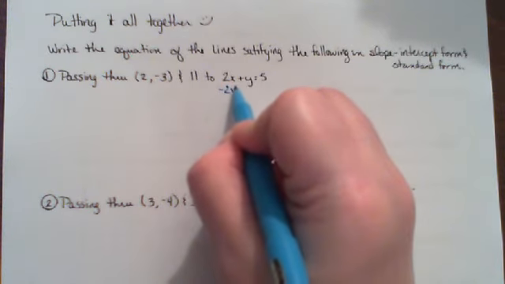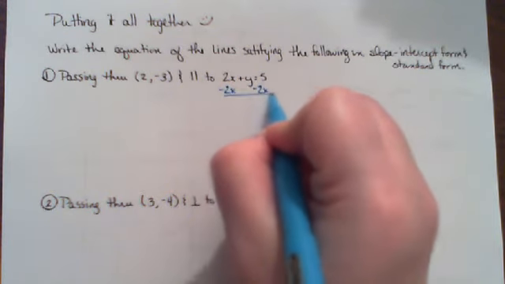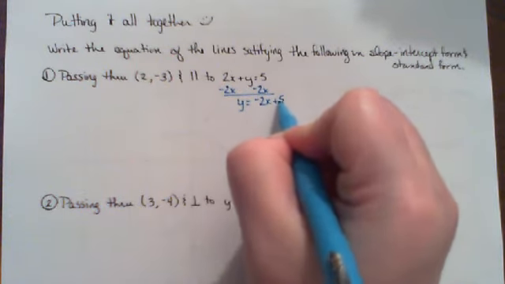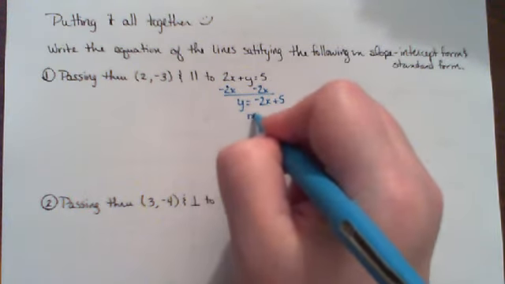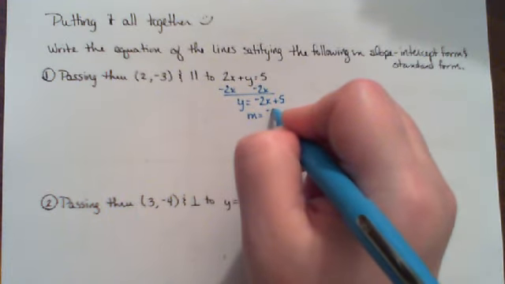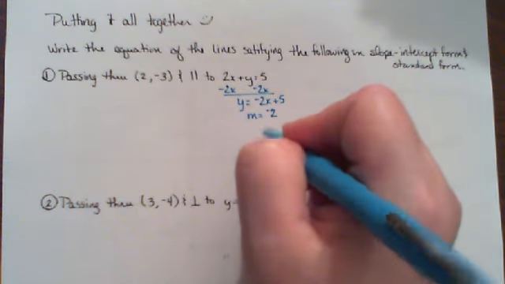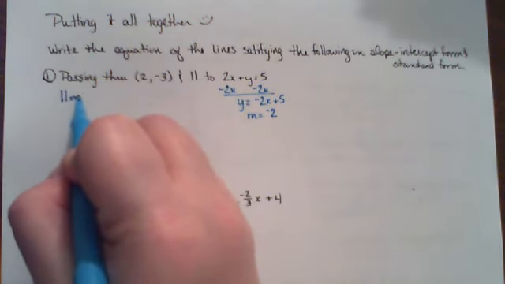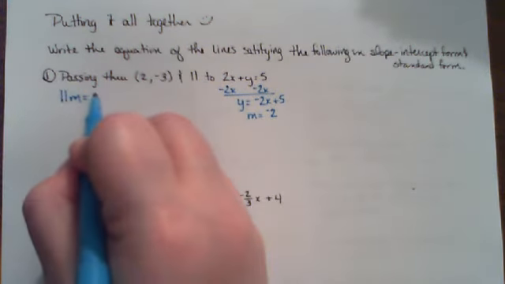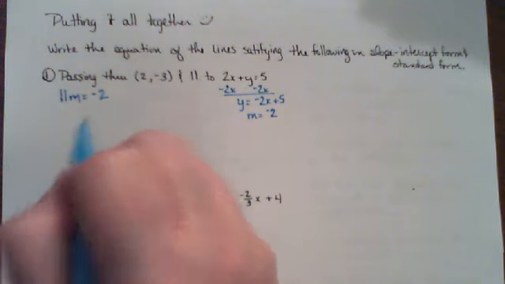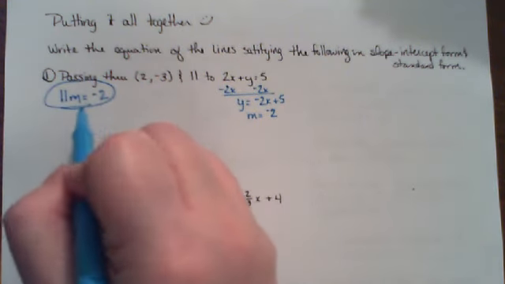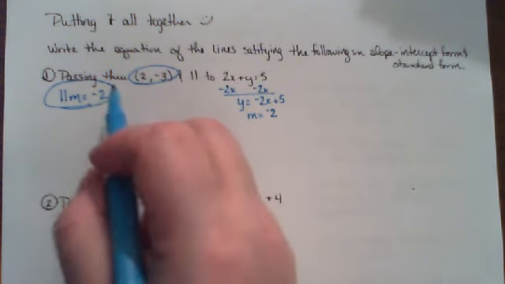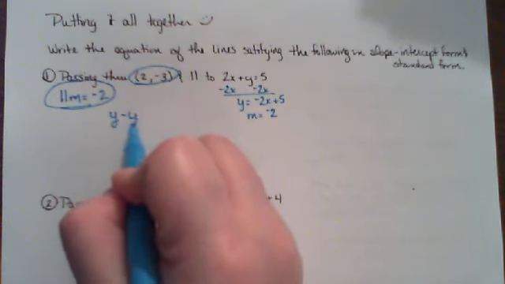So I can subtract 2x from both sides and get y is equal to -2x plus 5, which means the slope of this line is -2. Well, that's good to know, because that means that my parallel slope, which is the one that we need, is going to be -2. So now I have a slope and I have a point. Now that I have a slope and a point, I can put it in my point-slope form.